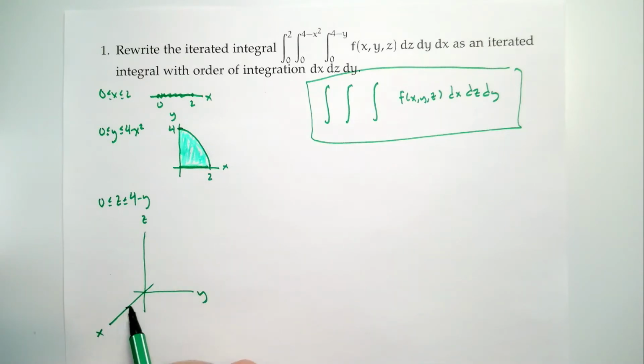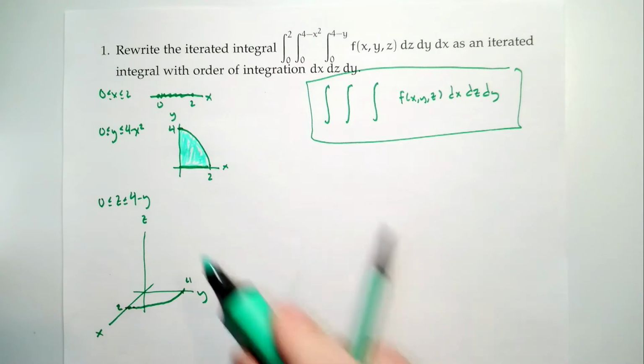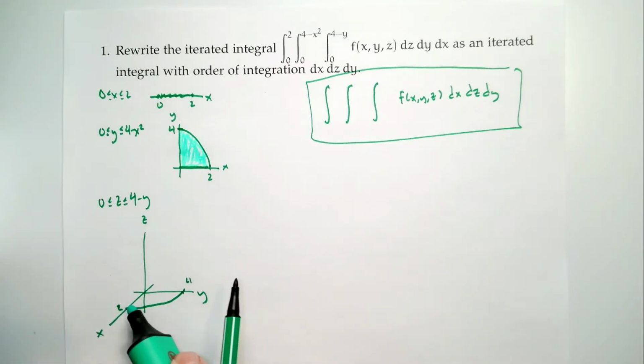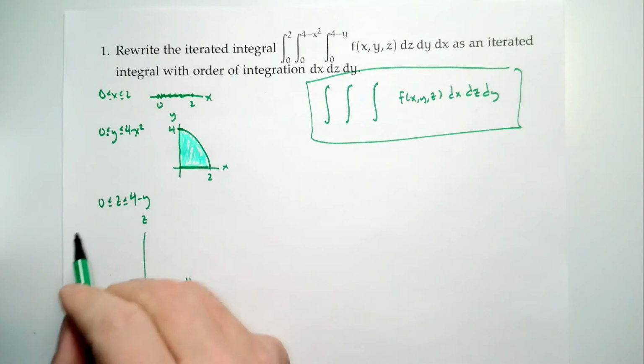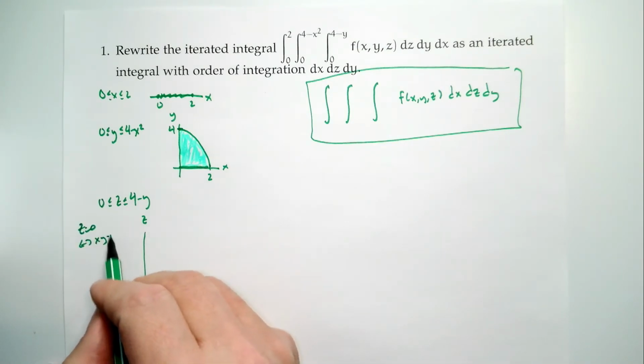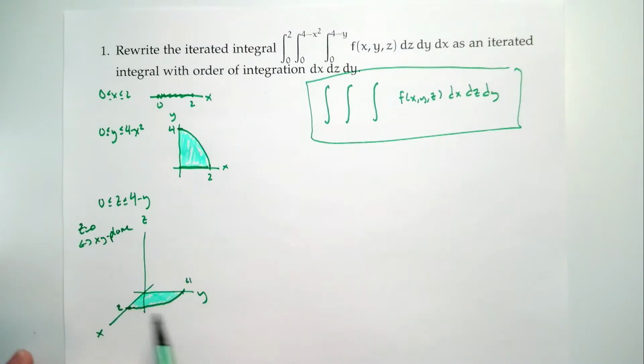So we have 2, we have 4, and we have this curve coming down. That curve is that curve right there, and that shaded region is this shaded region. So there's our bottom. In fact, it really is our bottom, because notice, we're starting at z equals 0. So z equals 0 really is the xy plane. Okay, cool. That's the bottom.